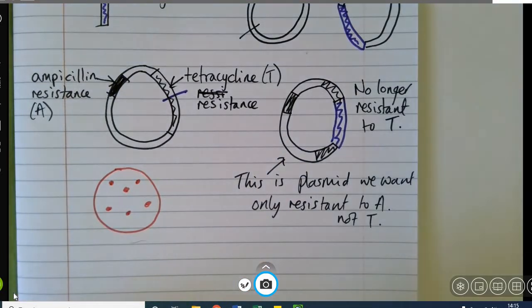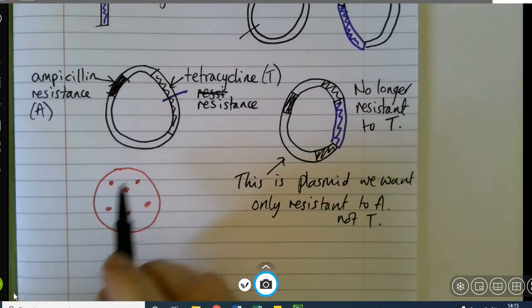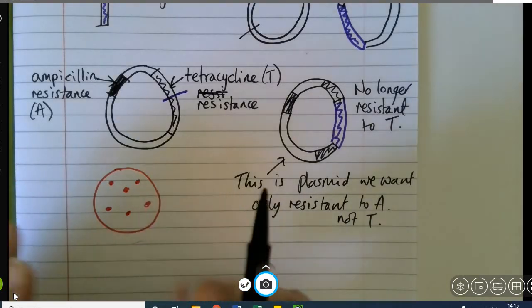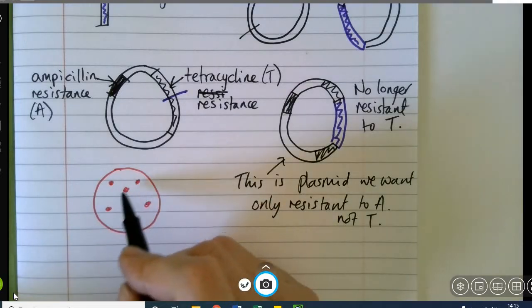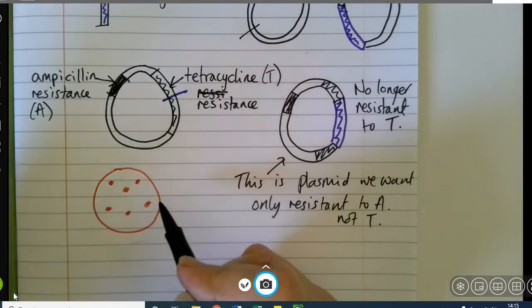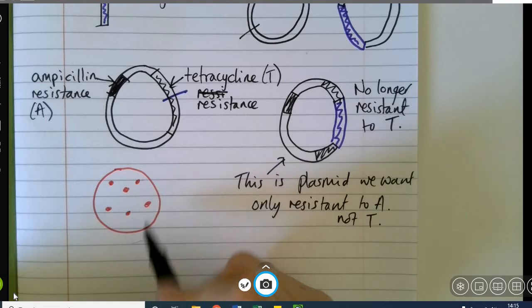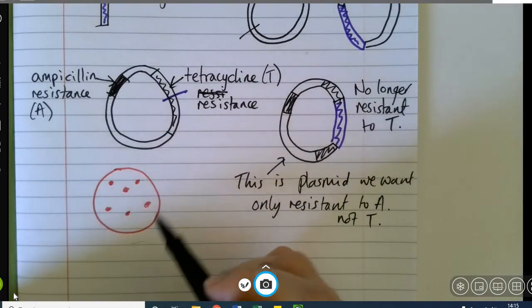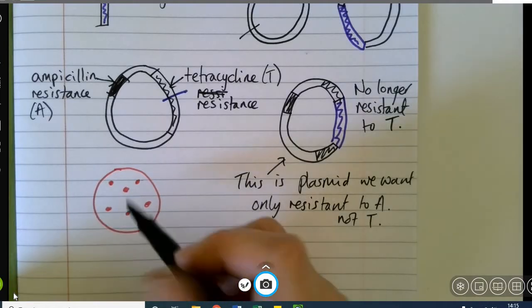And what we can do, that wasn't meant to come out of a smiley face, never mind. What we can do is we can get a piece of filter paper or a special type of paper, we pop it on the top there, and we lift off a sample from each colony, and we can then test those with antibiotics, or we could just test it directly in here.